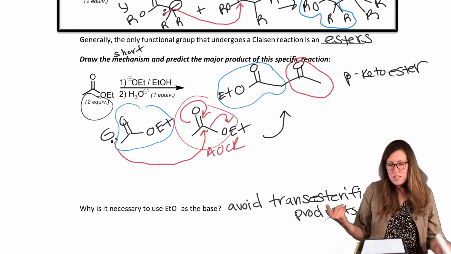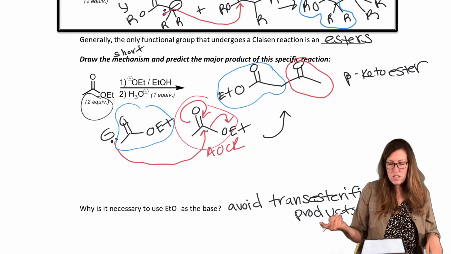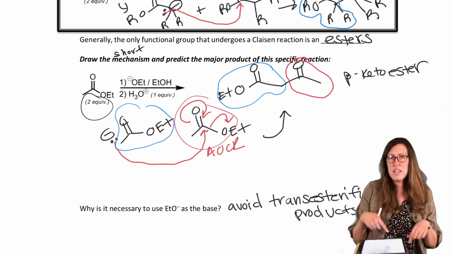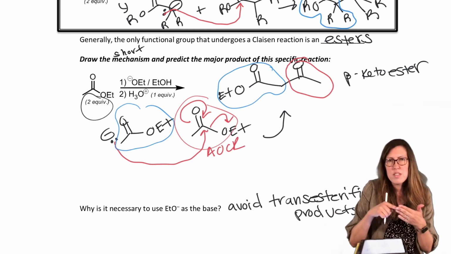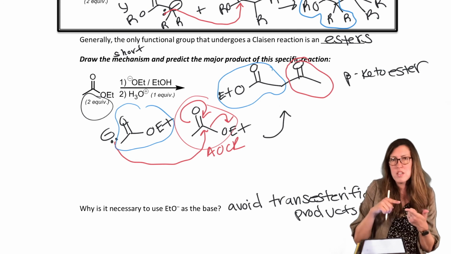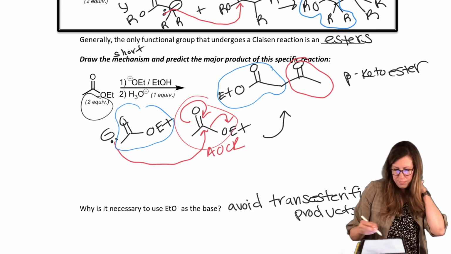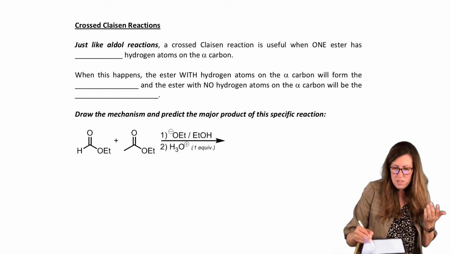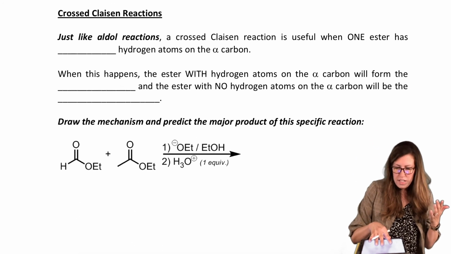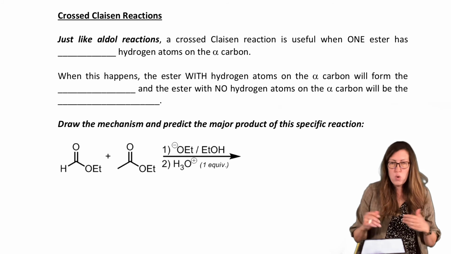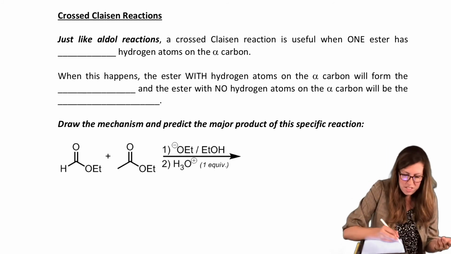Okay, so just like aldols, Claisens can be, we are going to go through the same sort of formal steps. It can also be crossed, not just self. So this concept is reiterated again. So when would this be helpful? Same conditions.